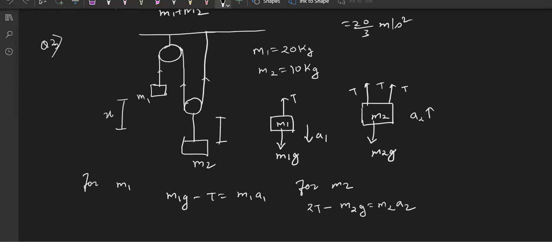Ankit, I'm talking about distance. What's the meaning of minus x distance? Distance is never negative. Now tell me, if we pull this wire by x distance, how much will this pulley go up?